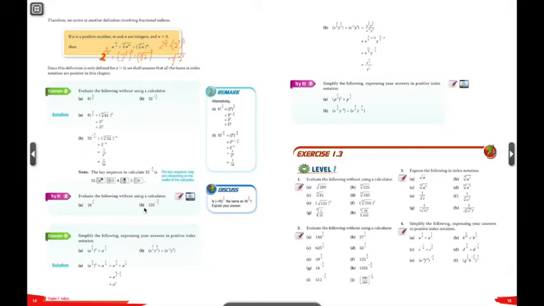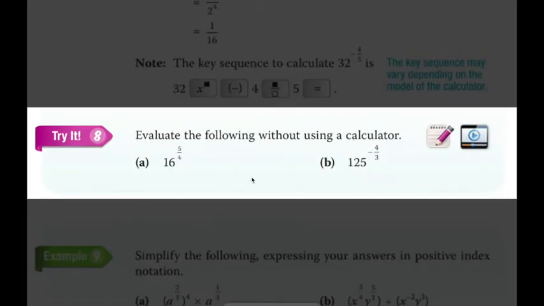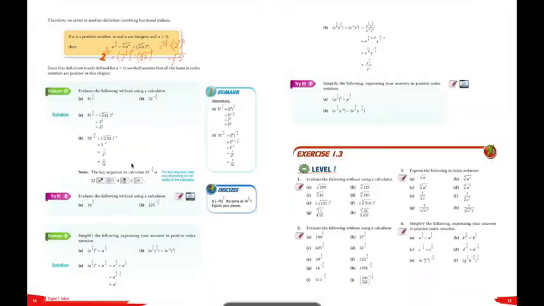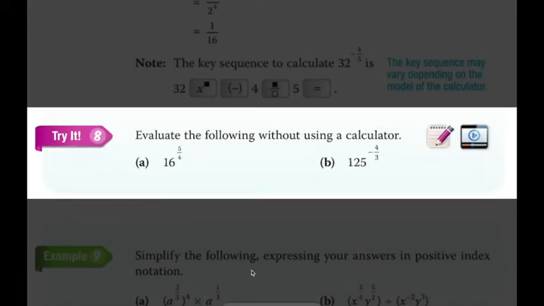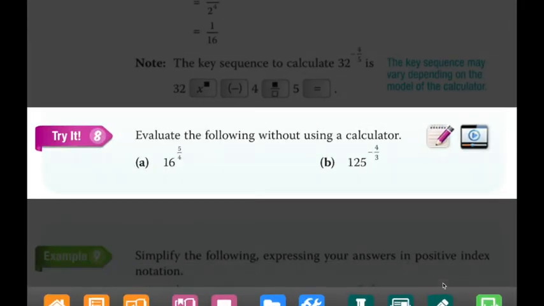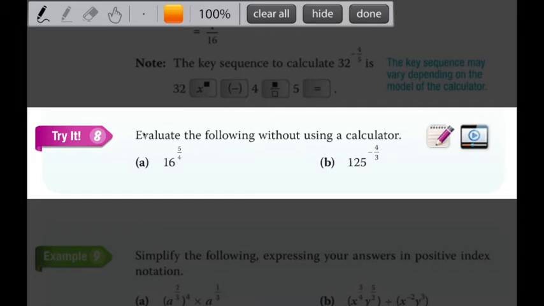Okay, so for example, here, try 8, where you're supposed to evaluate the following without using a calculator. For part A, you have 16 to the power of 5 over 4.